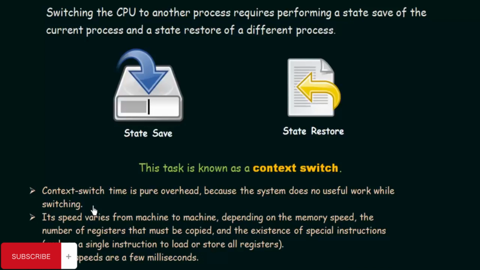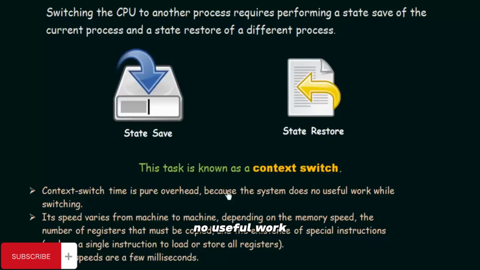But when context switching is happening, the CPU is switched from one process to another. At that moment, only the switching is going on. There is no process executing at that instant when the switching is happening.